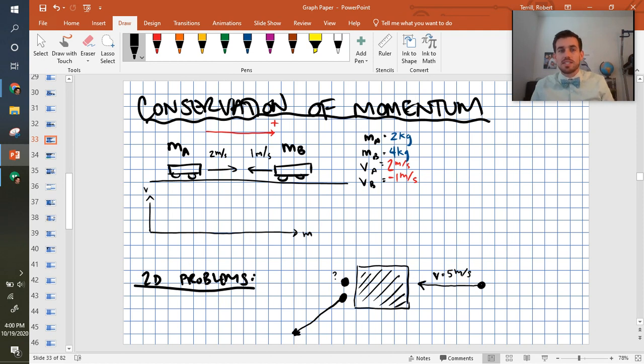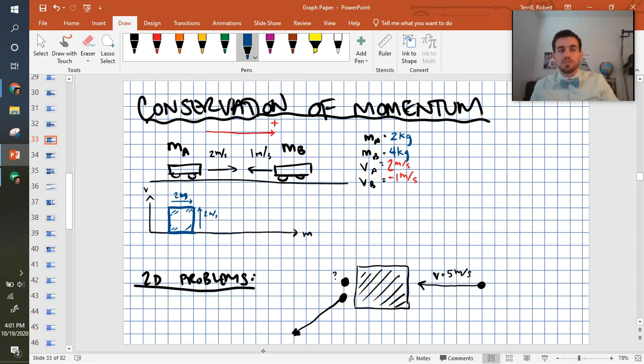So for example, mass A has a mass of 2 kilograms, so that's why I'm going 2 over, and a velocity of 2 meters per second. So if I was trying to describe this mass, it goes over 2 kilograms, and it goes up 2 meters per second.